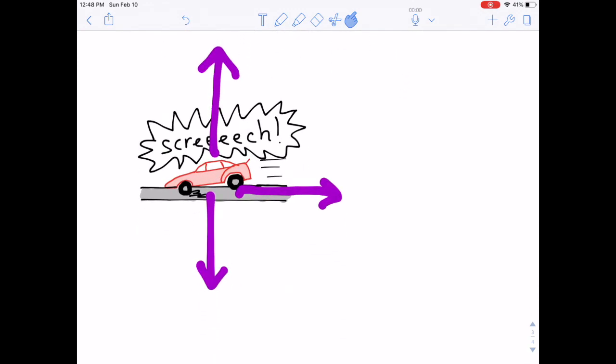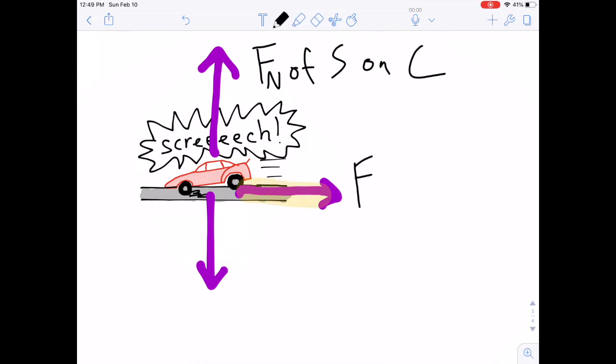You just have to start drawing these arrows, vectors, and writing what those force vectors represent. So we have an upward force. That's going to be that force normal of the street on the car. In the rightwards direction, we've got the force of friction of the street on the car.